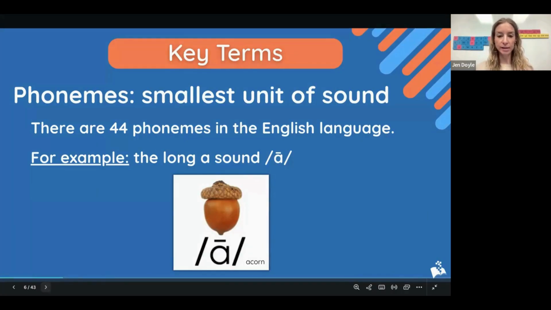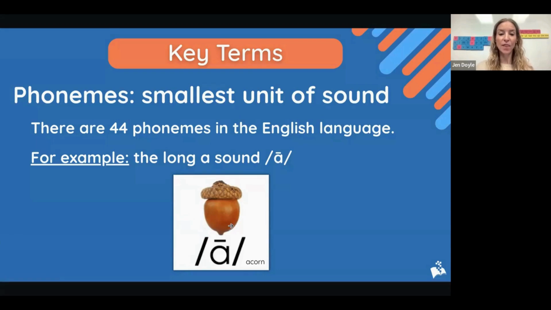And so if we look at our example down here of an acorn, so we've got that long A sound. That A is a phoneme, and the first phoneme in the word acorn. And so if we take away that long A sound in acorn, we're left with the word corn. And so that is a completely different meaning than the word acorn. So that long A changes the meaning of the word.